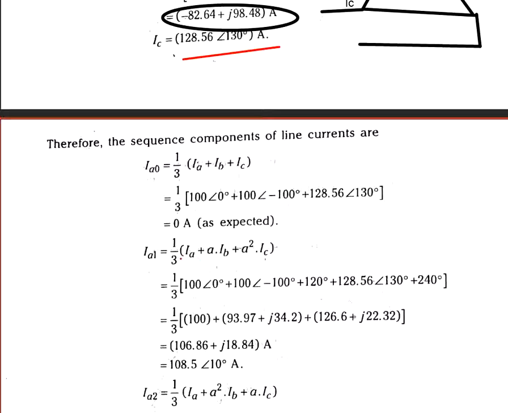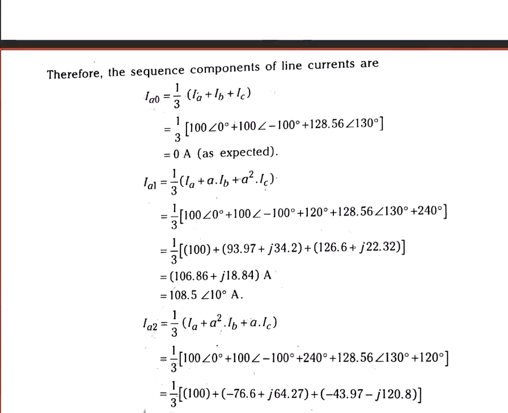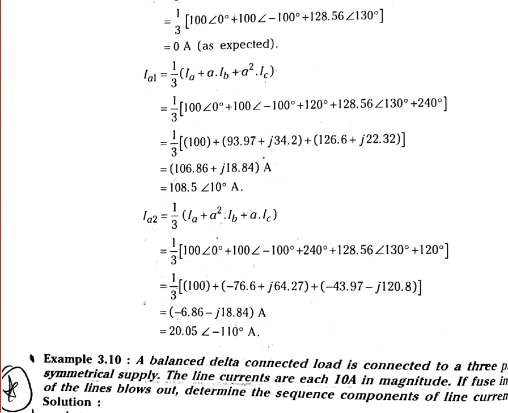And IA1, the positive sequence component of line current, is 1 by 3 into IA plus A into IB plus A square into IC. Apply all the values, so you will get this value. Finally you will get 108.5 at an angle 10.